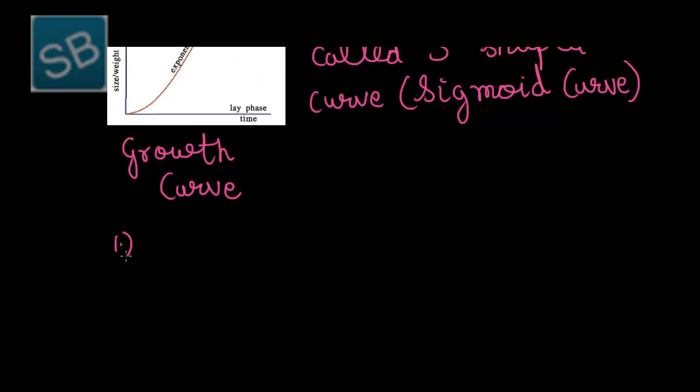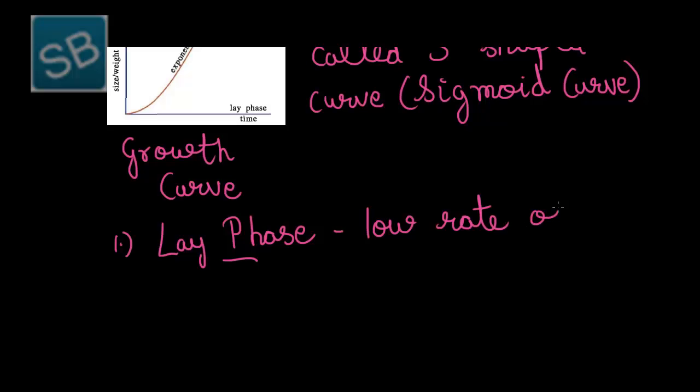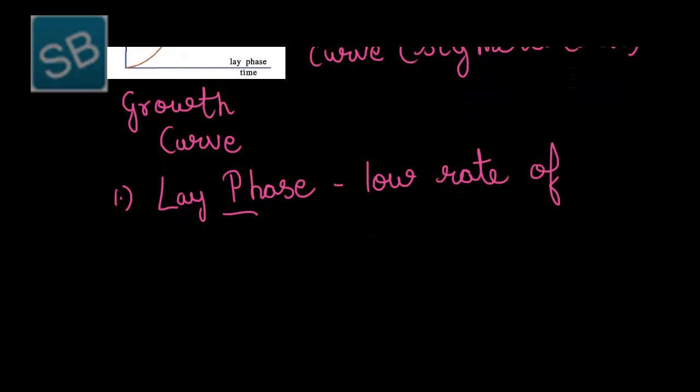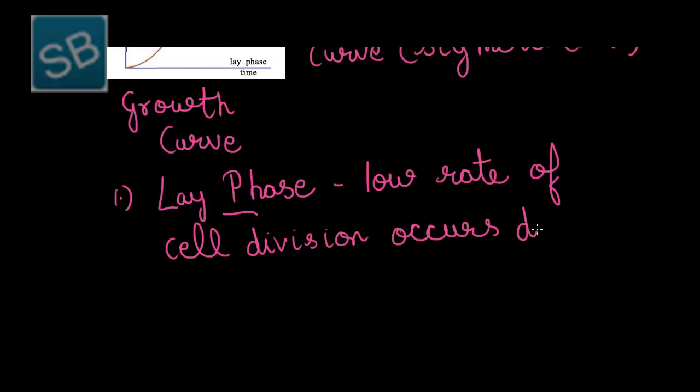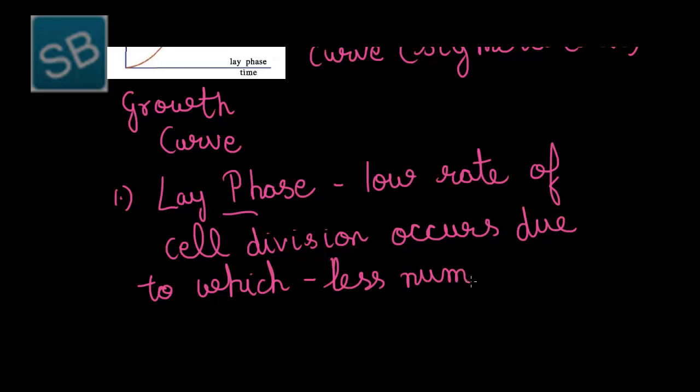First, lag phase, where a low rate of cell division occurs, due to which very less number of cells are produced.